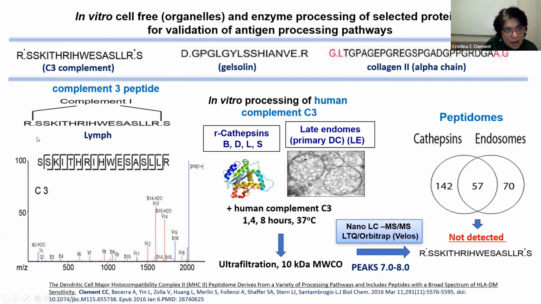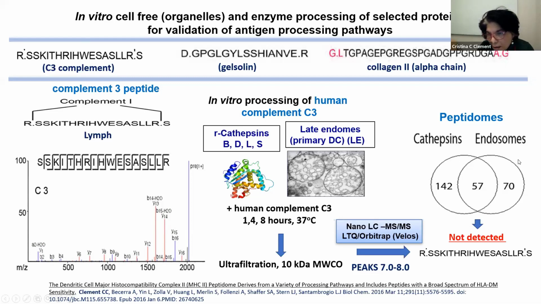Complement I was identified as a potential enzyme cleaving this peptide epitope from complement 3. However, the assay which implements the endosomal compartment and pure recombinant cathepsin showed that this peptide was not processed by the late endosome or by the cathepsin.